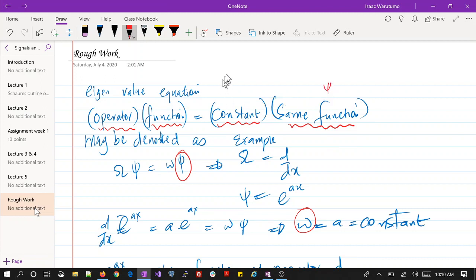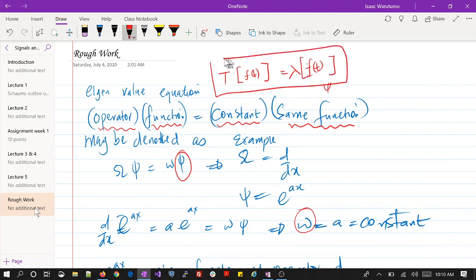So we are saying that you have an operator that acts on a function f of t, and this produces an eigenvalue lambda that multiplies the same function f of t. This is what we refer to as the eigenvalue equation.